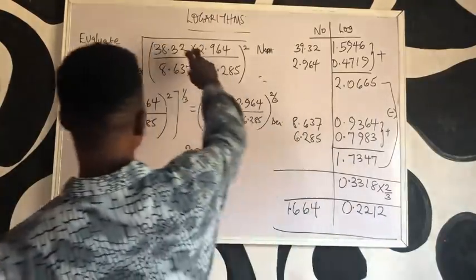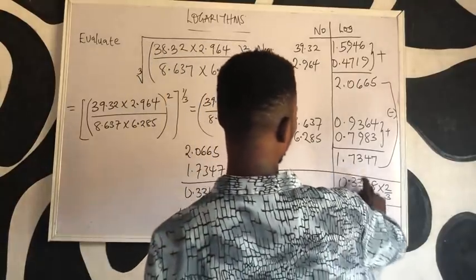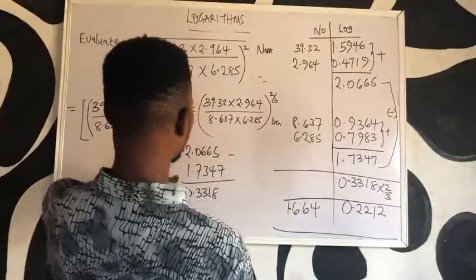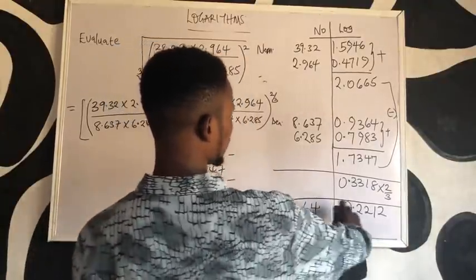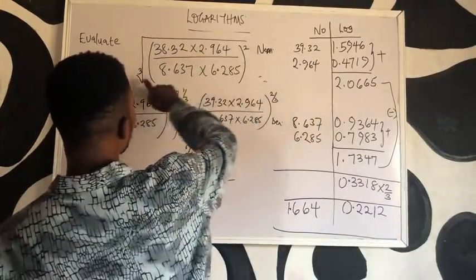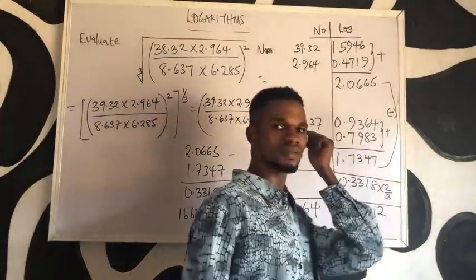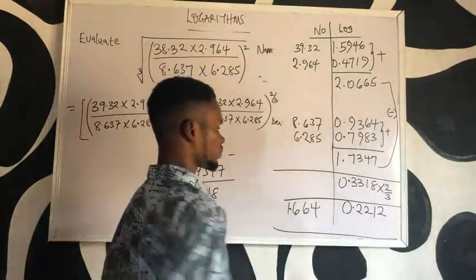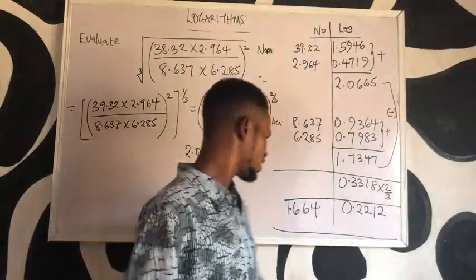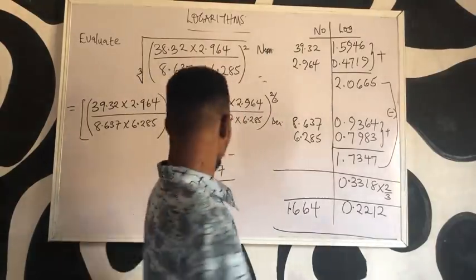After that, this is divided by this, so this minus this. 2.0065 minus 1.7347, which is 0.3318. But it gets power 2 over 3, so we multiply by 2 divided by 3. You have 0.221. Then the antilog of the value, you have 1.664 as the result. Okay.